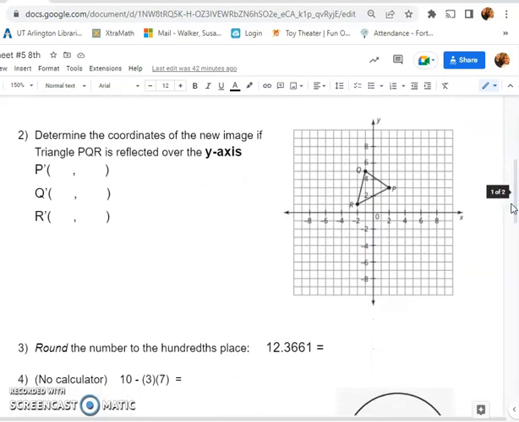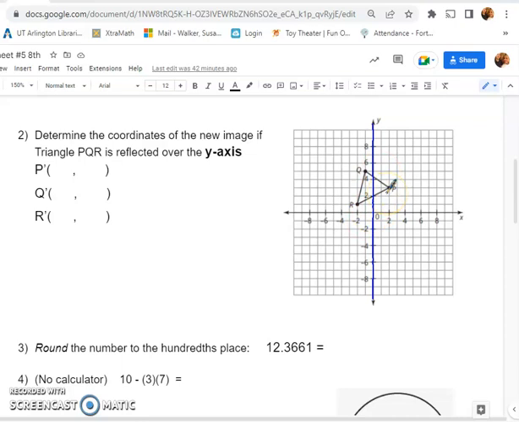Number 2, we worked on this past week, reflecting. So we're going to reflect over the y-axis. Reflect this over y. So that means this is our mirror. There's a trick if you remember, but we don't actually know our points here.